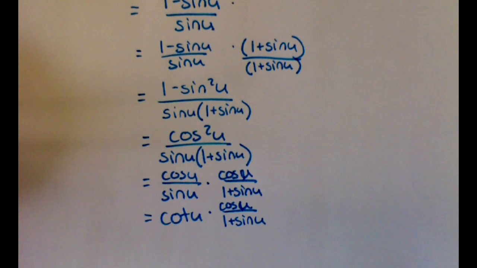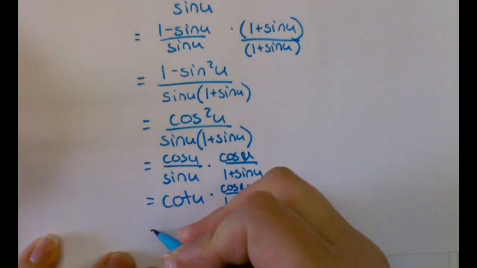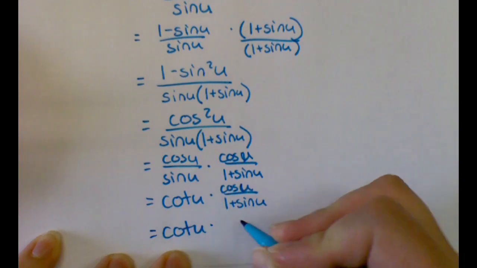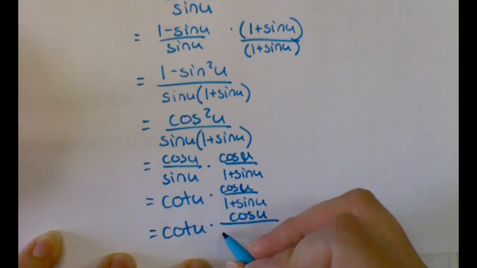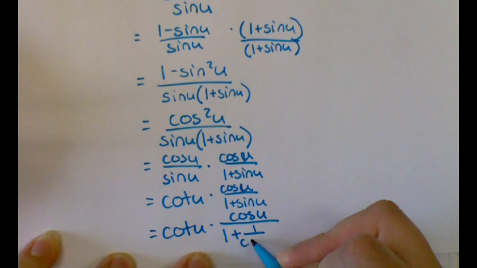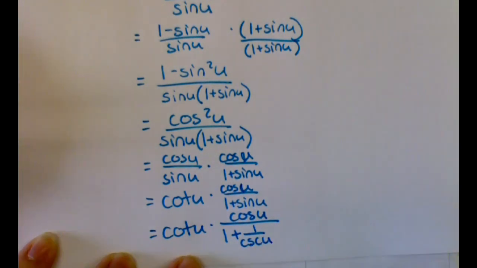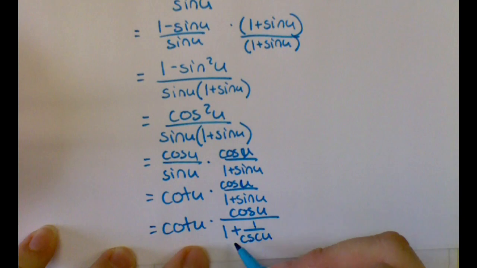All right, now because of the way I went about this problem, I have to get really creative right now. I'm going to use a reciprocal identity. I'm going to write sine as 1 over cosecant. And then I need this one to be cosecant over cosecant.